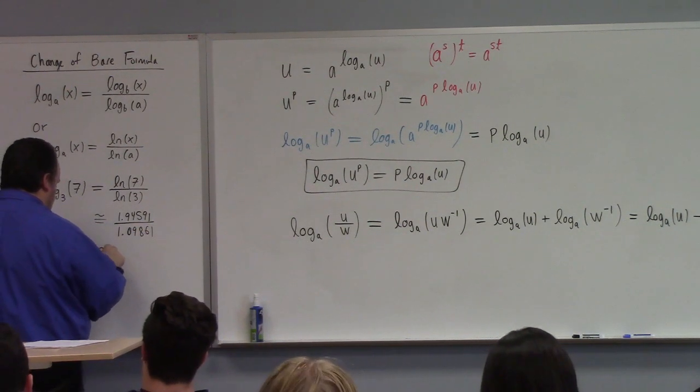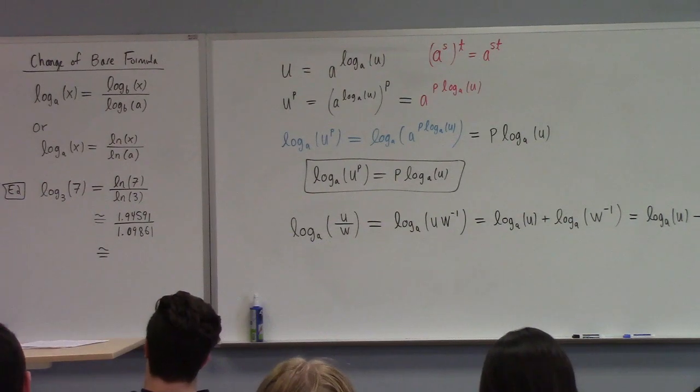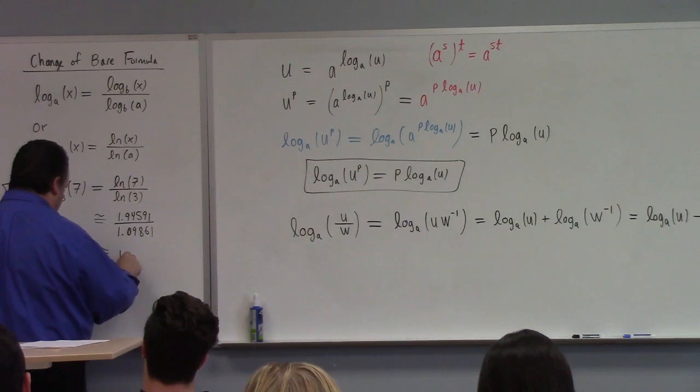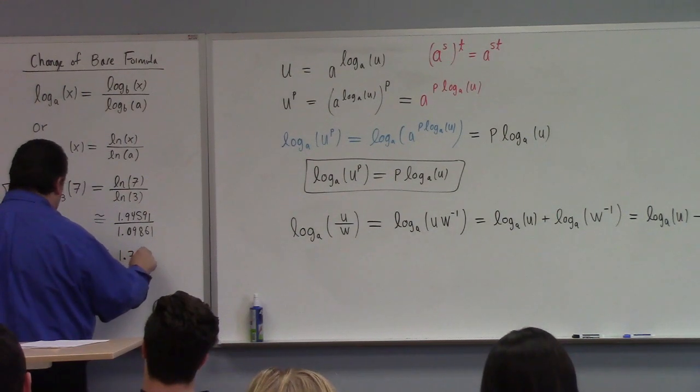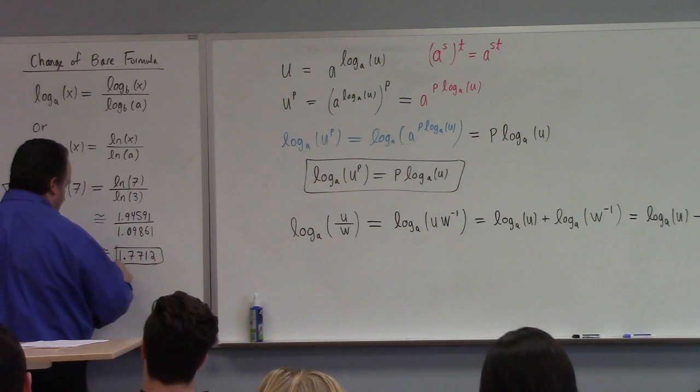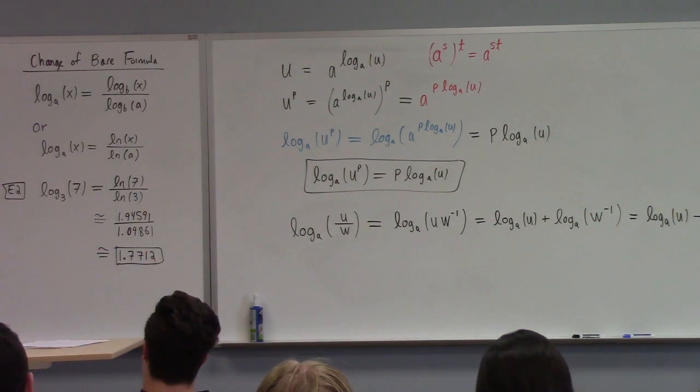And so to a good approximation, what's the decimal of this? I get 1.7712. So there you go. We can find log in another base by using the natural log function and the change of base formula.